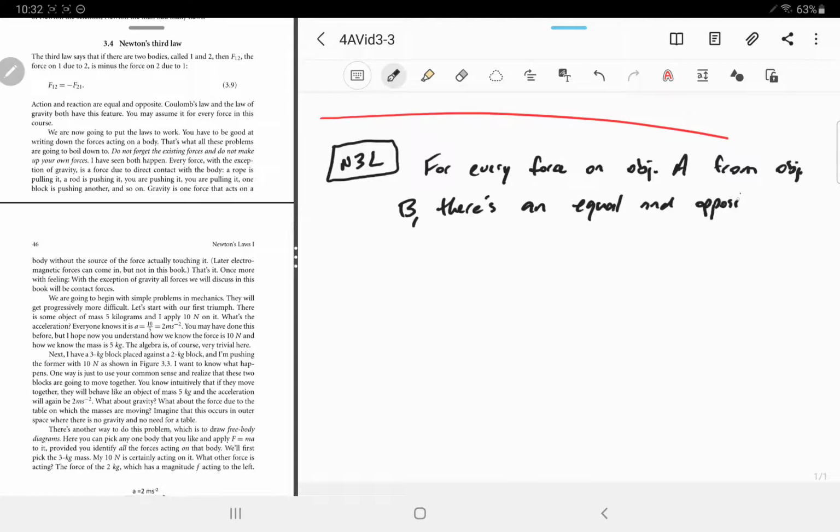So what equal and opposite force means is equal in magnitude and opposite in direction. Equal in magnitude, opposite in direction. There's an equal and opposite force on object B from object A.